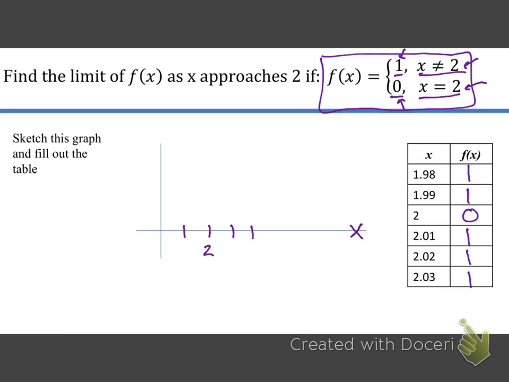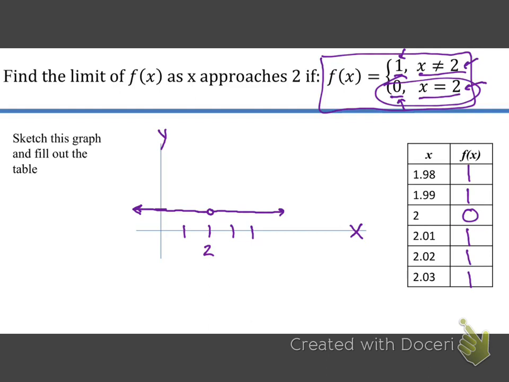So we scale this. It's going to look like the constant function y equals 1 everywhere except, whoop, right there. We run into a problem, or maybe not a problem, but something else. So it's going to look like that horizontal function y equals 1 everywhere except for this part right here.